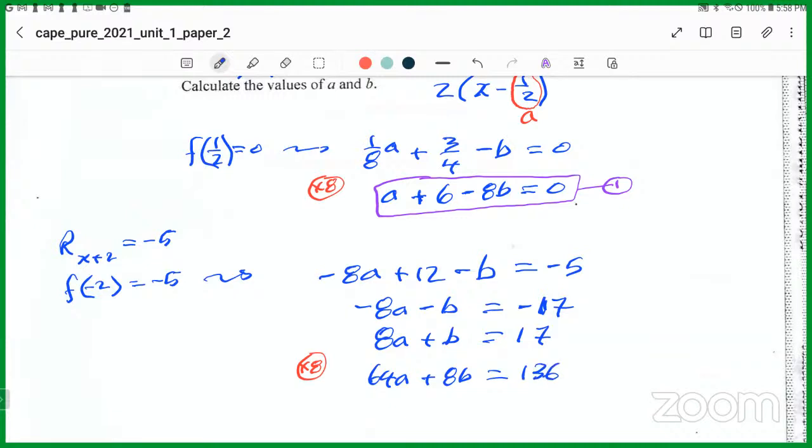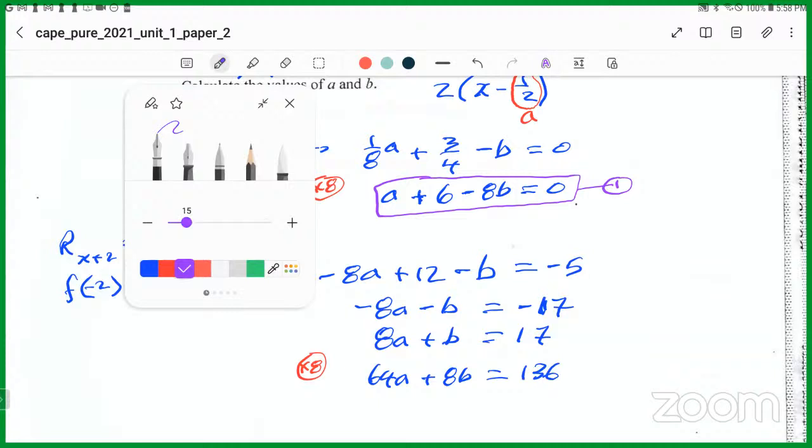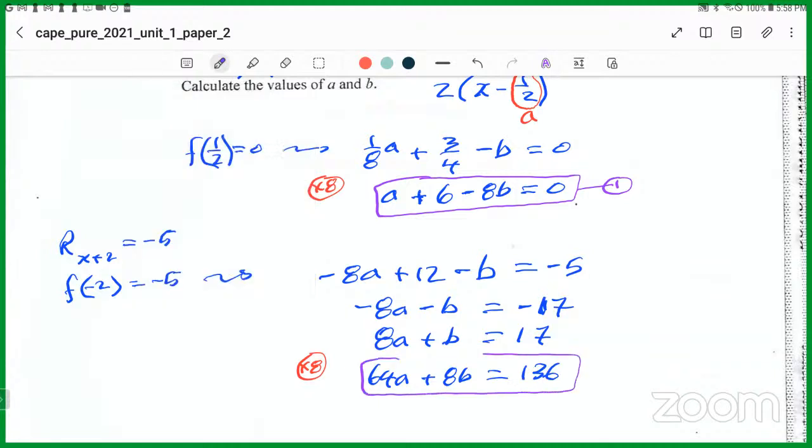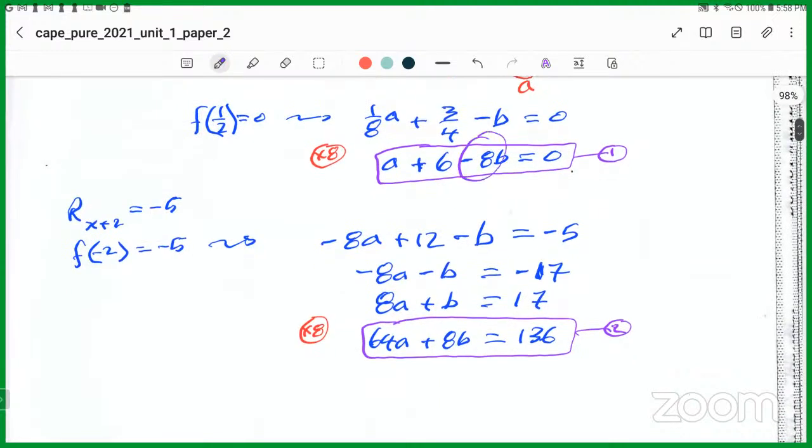So I'm now solving these two equations. We need to add the two equations now. If I add 1 and 2, then this and this is 65a.